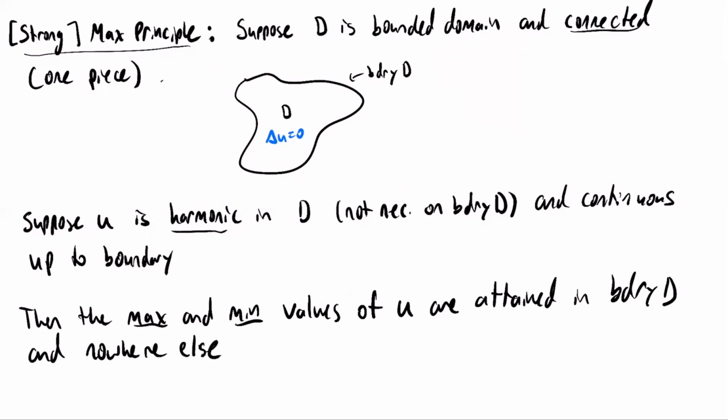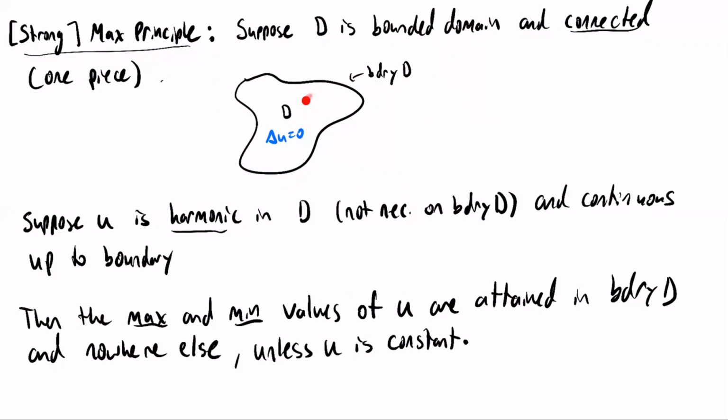Except in one case: if u happens to be a constant function, then this will fail, unless u is constant. Notice that this is indeed the strong maximum principle as we described for the diffusion equation. This doesn't just say that the largest and smallest values occur on the boundary. It also says that they can't occur anywhere inside the domain.